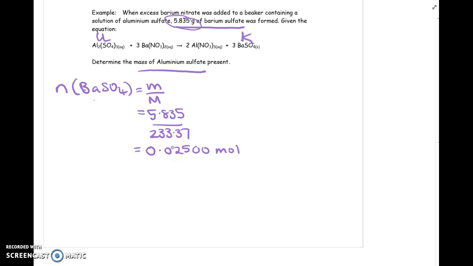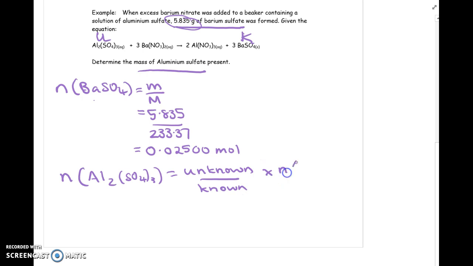Now the next thing that we need to do is find the stoichiometric ratio, and to do that we have to use our balanced chemical equation. So in this case, to find the number of moles of aluminium sulfate, it is equal to the unknown over the known times the moles of the known. In this case, the moles of the known are barium sulfate.